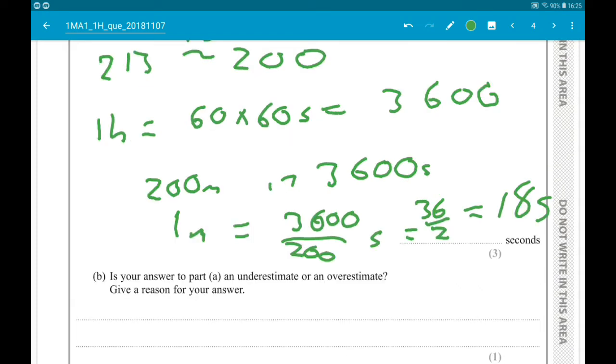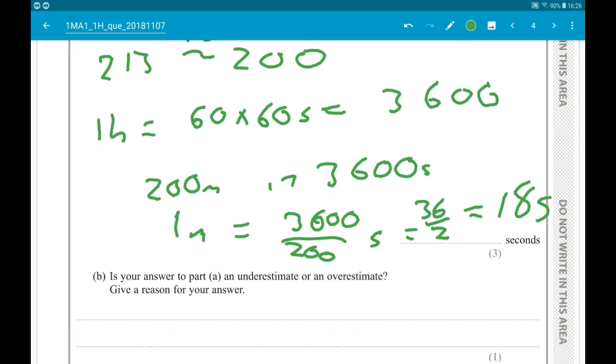Okay, then part B wants to know whether our answer is an underestimate or an overestimate, giving a reason for our answer. So, we need to think about what we've done. We rounded 213 down. Now that was the distance that the plane travels in 1 hour. So we rounded down from 213 to 200.